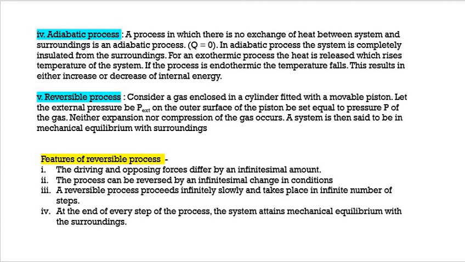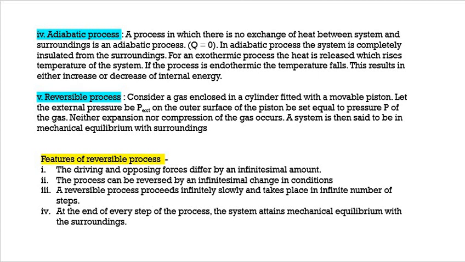The features of a reversible process are: number one, driving and opposing forces differ by an infinitesimal amount. Infinitesimal means extremely small. The process can be reversed by an infinitesimal change in condition.